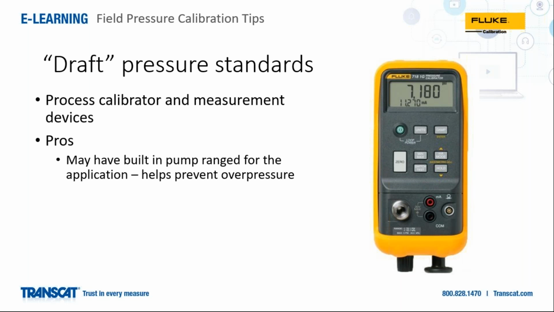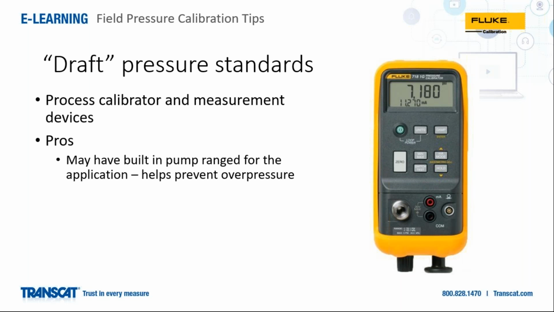This is an example of one from Fluke, from the industrial/handheld side. One of the things that's very nice about these is they may have a built-in pump that's ranged for the application that helps prevent overpressuring. In this case, this is a 1 psi calibrator that has a 1 psi pump built into it. We talked earlier about trying to adapt something with a 300 psi pump to a less than single psi application.